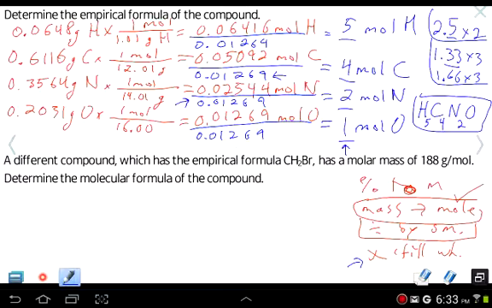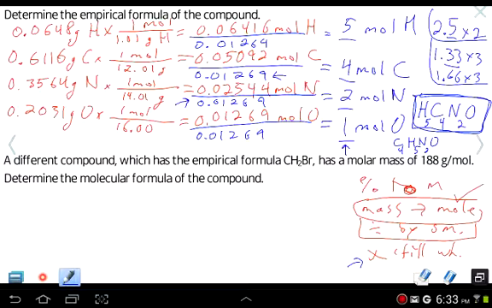It doesn't really matter which order you write it in, but usually it's written carbon, then hydrogen, then nitrogen, then oxygen, so you can say C4H5N2O. But this would be sufficient for the answer.